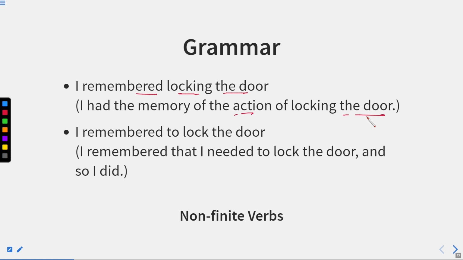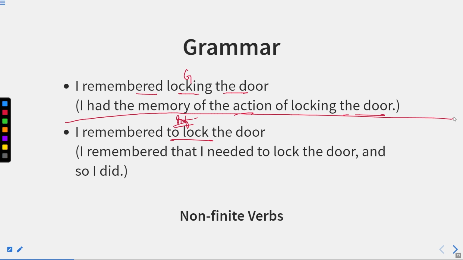And if the sentence is I remembered to lock the door, this means I remembered that I needed to lock the door. So I remembered that yes, I need to lock the door. So there is a difference between these two sentences. In the above one, it is a gerund, and in the lower one, it is an infinitive. And the meaning of both the sentences is different from each other. I hope you got this point.